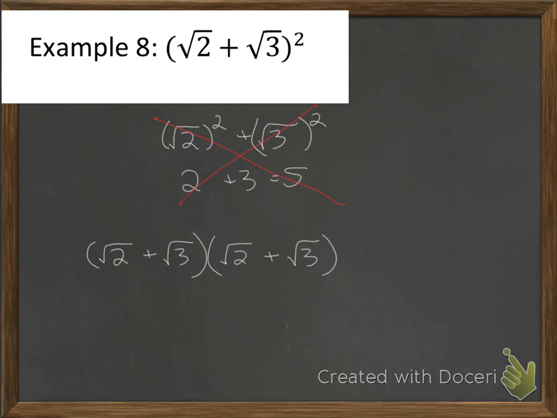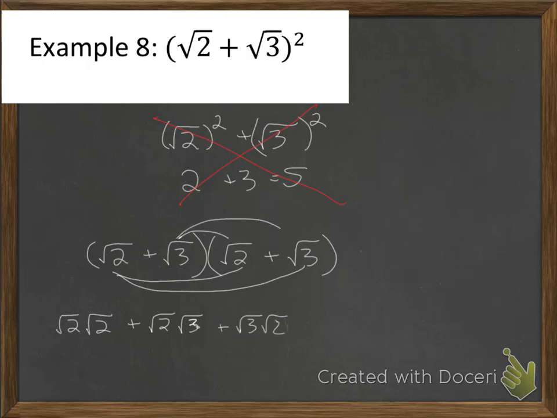Cool. So let's go ahead and do our FOIL. So we have our first. So we have the square root of 2 times the square root of 2. We have our outer terms. So 2 times root 3. We have our inner terms, root 3 times root 2. And we have our last terms, root 3 times root 3. All right. So the square root of 2 times the square root of 2 is 2. This is the square root of 6, square root of 6.